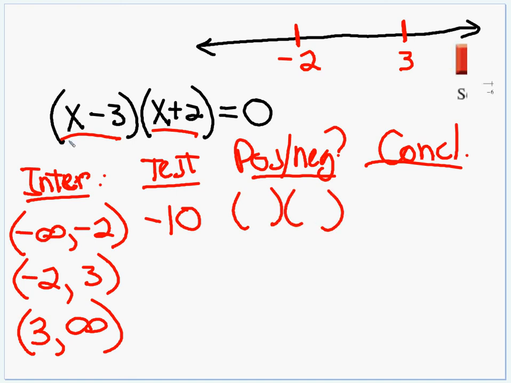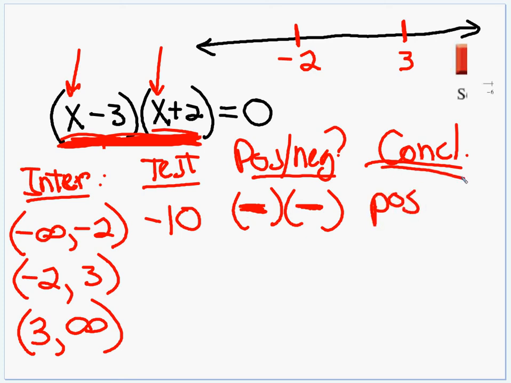Notice here we factored it into two factors that are multiplied together. I'm just going to plug my negative 10 in here, and my first factor will be negative 10 minus 3. That's negative. And if I put my negative 10 in for this x, I'll get negative 10 plus 2. That's also negative. Notice I don't care what the value is, just the sign. So here, negative times negative is positive.